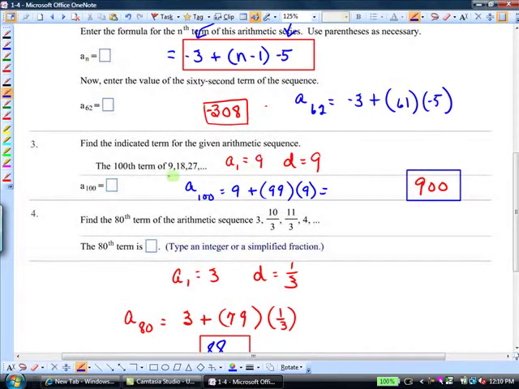That's pretty easy. And then you're looking at what's the difference between each of these? 9. So d is 9. So you need to write those out, and then you can plug in and do your formula. So a sub 100 is 9 plus 99 times 9. Lots of 9s. You should get 900.